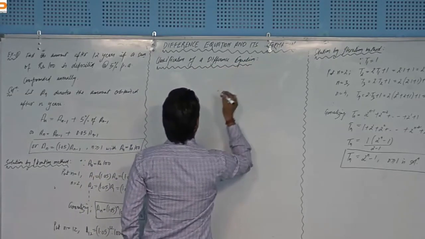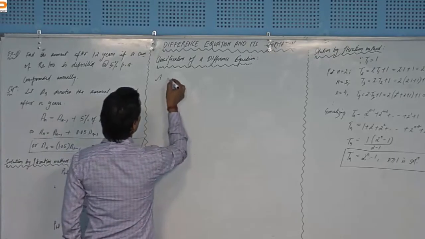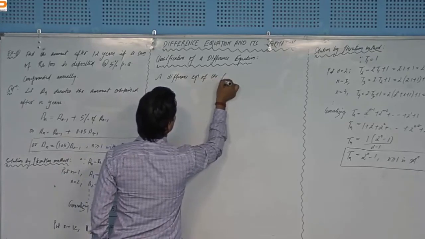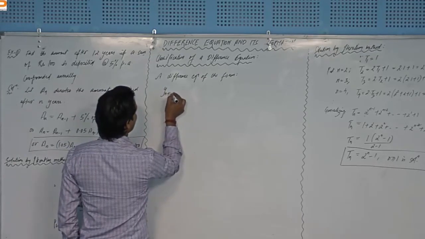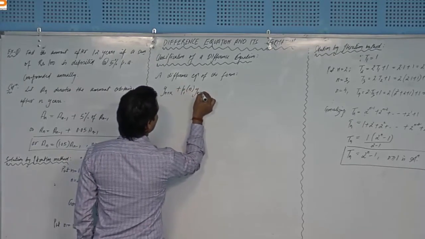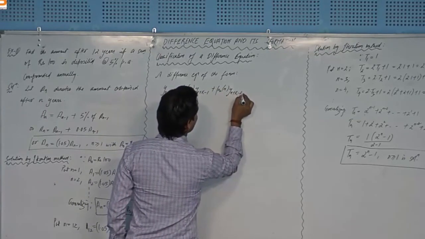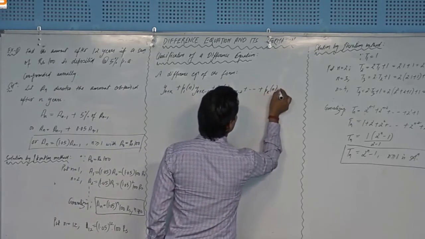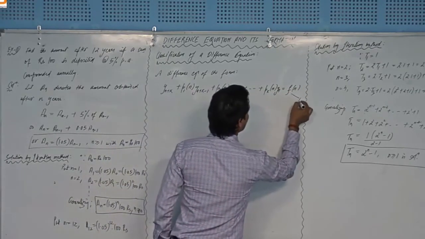I will start with the general linear difference equation, a difference equation of the form, and I will write a kth order: y_{n+k} + p_1(n) y_{n+k-1} + p_2(n) y_{n+k-2}, and it will go up to p_k(n) y_n = f(n). I will call it equation number A.